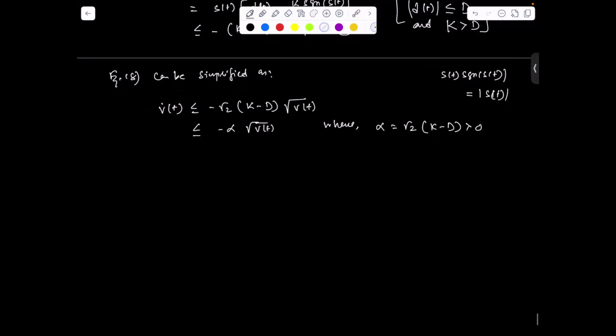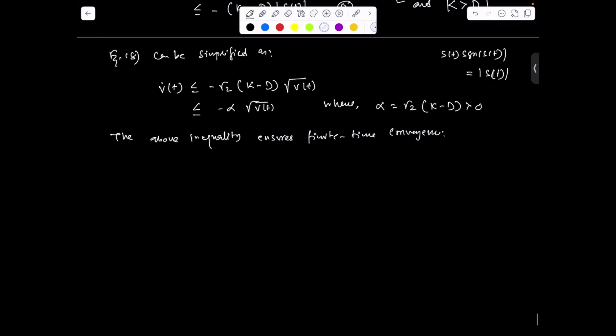So we can write the above inequality ensures finite time convergence.